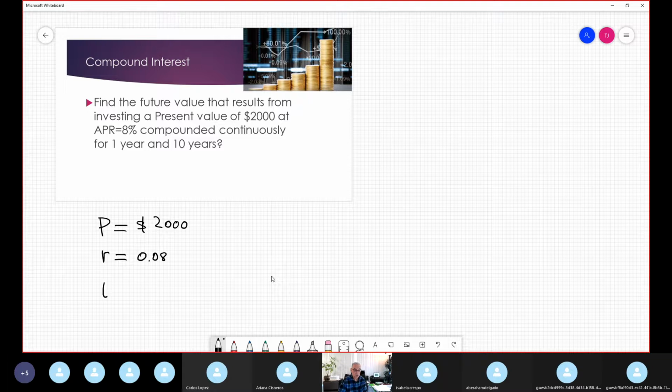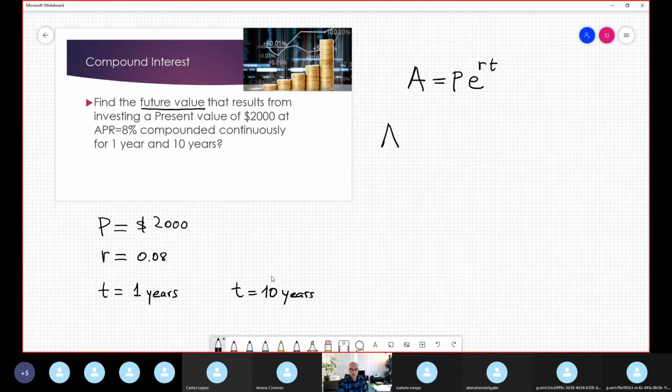So you have to answer 1 year and 10 years. But let's do it one by one, no? And what is the formula? The formula is future value, is my unknown. I need to find future value, is equal to P exponential RT. R is the interest rate and T is the time.